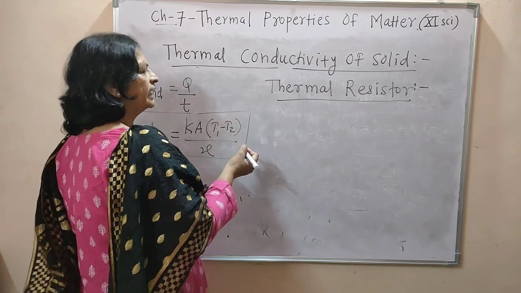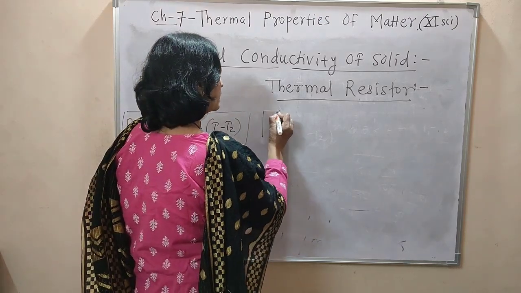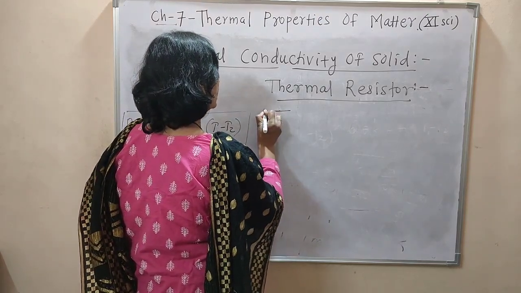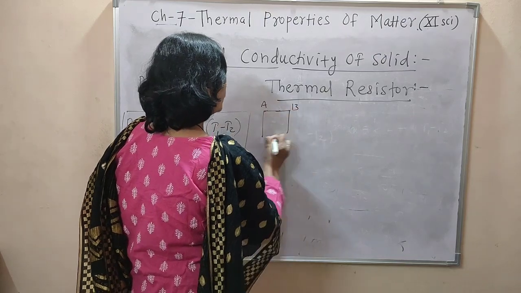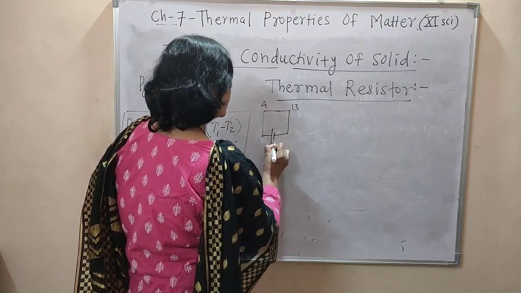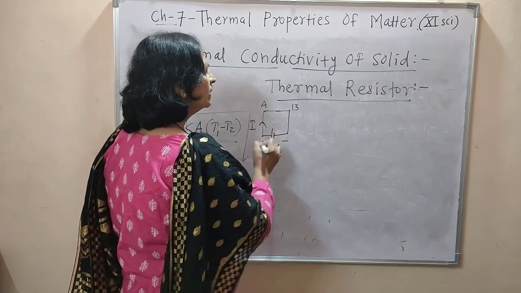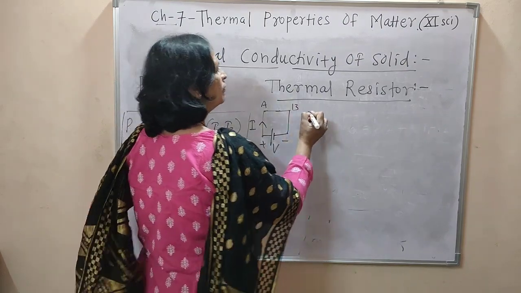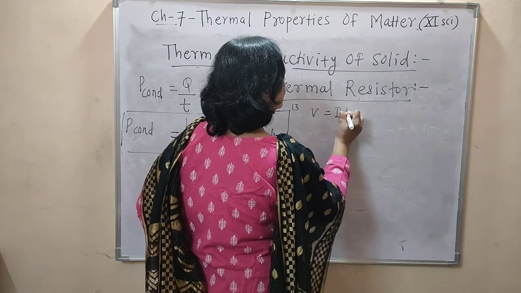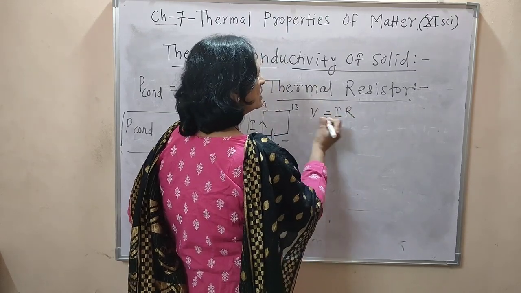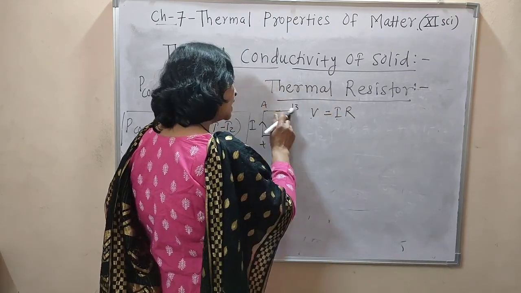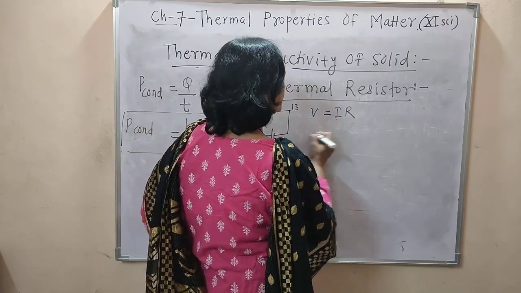In the case of electric current, suppose AB is the conductor, V is the potential difference and I is the current flowing through this conductor, then we know that V is equal to IR. V is the potential difference, I is the current flowing through that conductor, and R is the resistance.